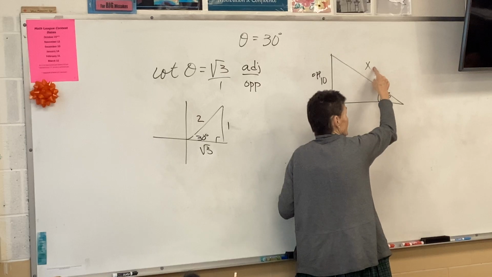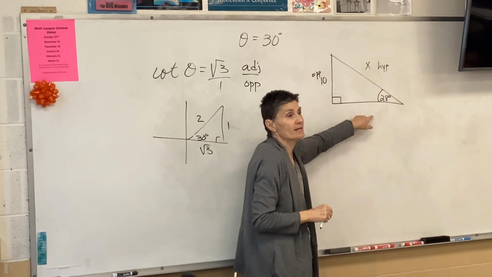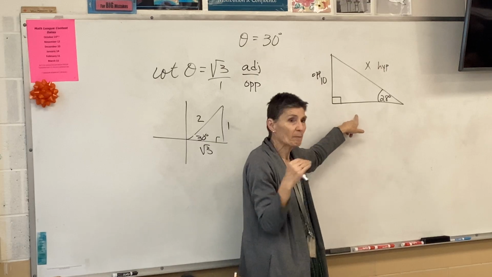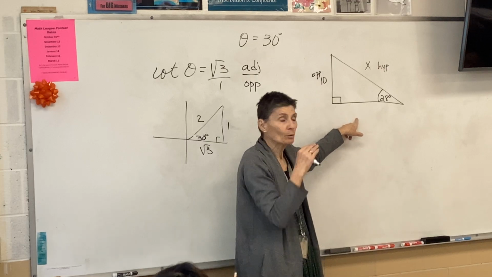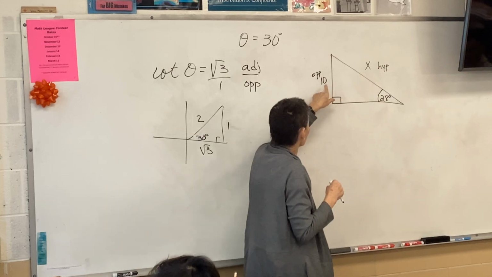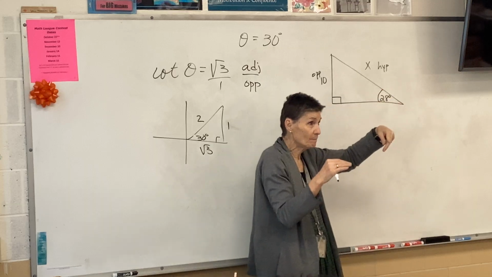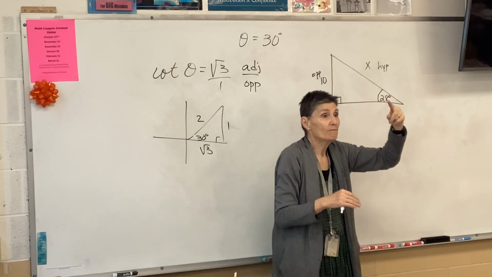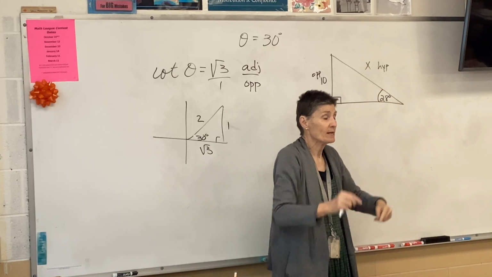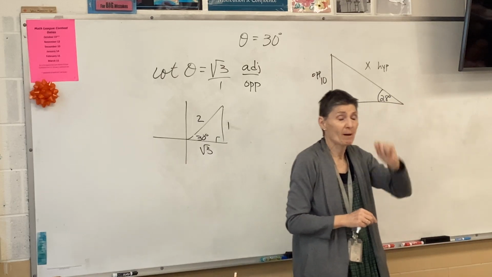And this is hypotenuse. Now, this side has nothing, so it is not going to be part of the problem. The only sides that are part of the problem are the ones that have labels. So 10 and x, opposite and hypotenuse. Everybody good? Which function, sine, cosine, or tangent, uses opposite and hypotenuse?